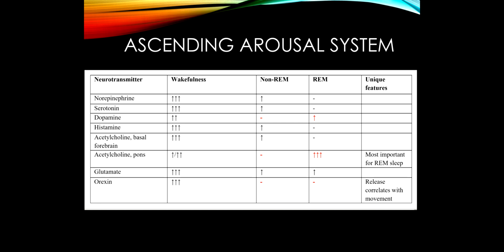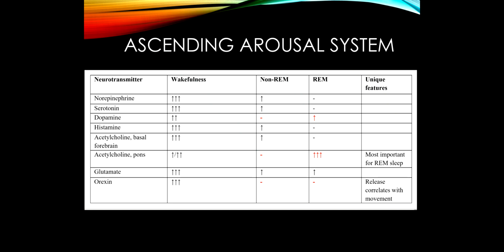Now, during sleep, we'll divide into non-REM sleep and REM sleep, and we can see that during non-REM sleep there isn't really any production of dopamine or acetylcholine from the pons, or orexin. During REM sleep, the main thing to highlight is the acetylcholine projections from the pons, from the reticular activating system.